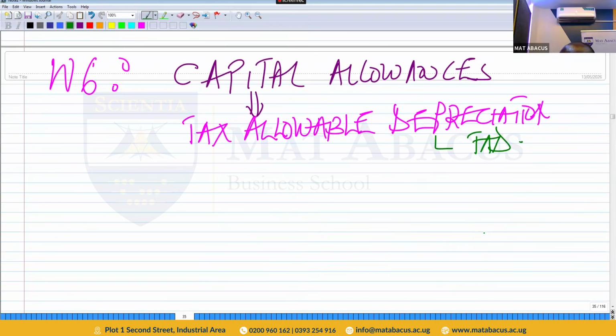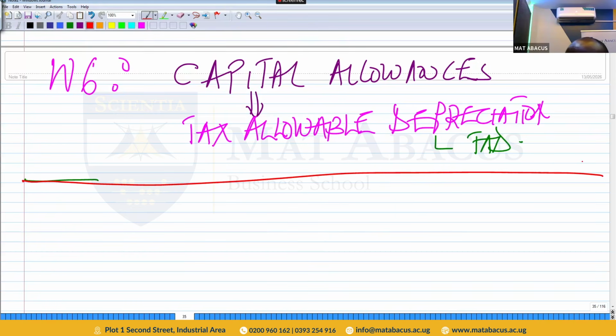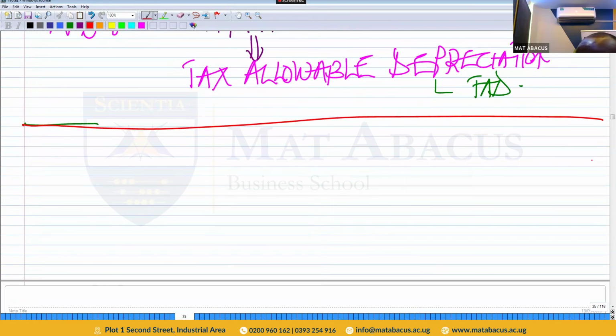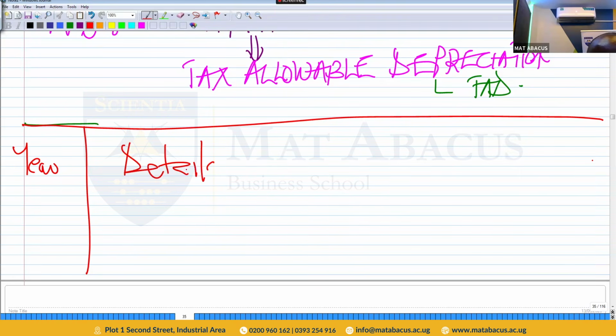At MAT Abacus, we have a different approach. There are very many ways of dealing with this, but you end up with the same result. So I will do what we do at MAT Abacus. We usually set it up. We usually have the year. Possibly we can have the details where I will do my workings. And from there, I will be able to get my TAD.